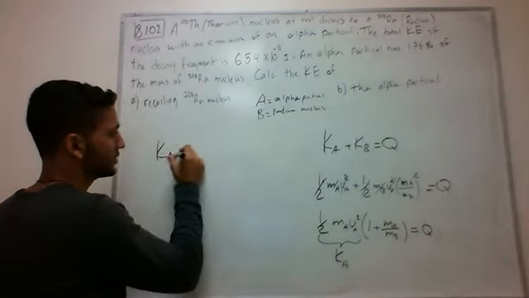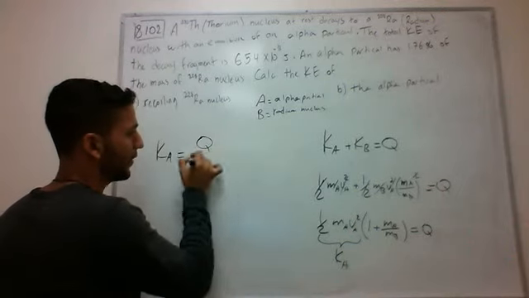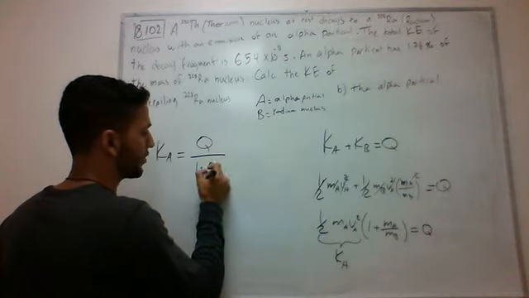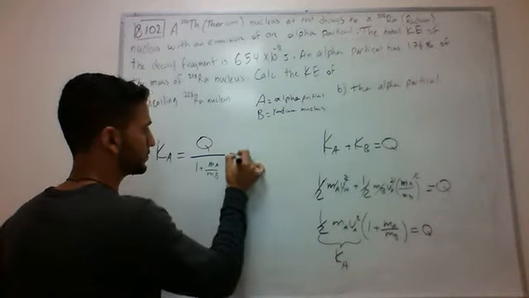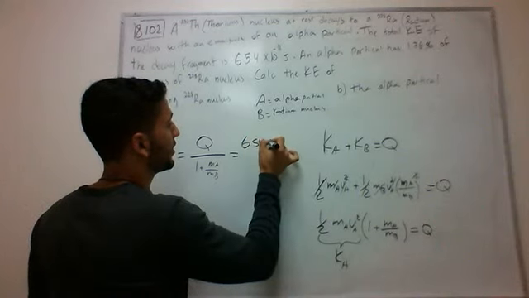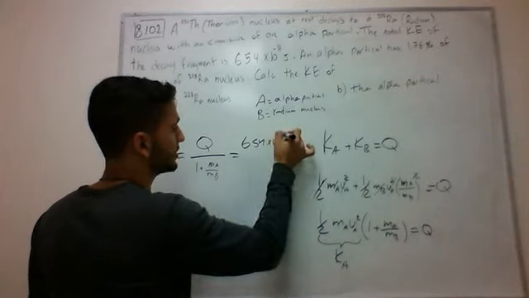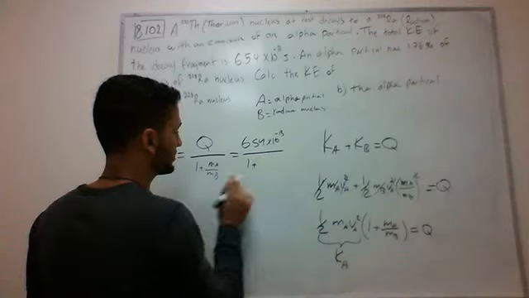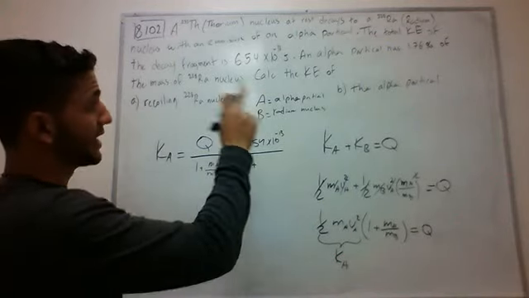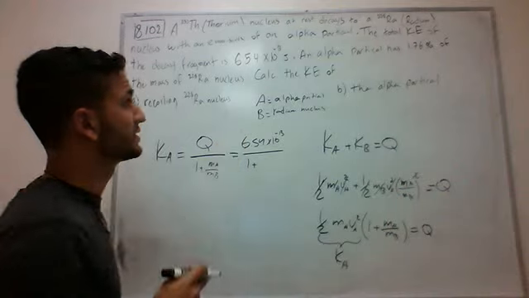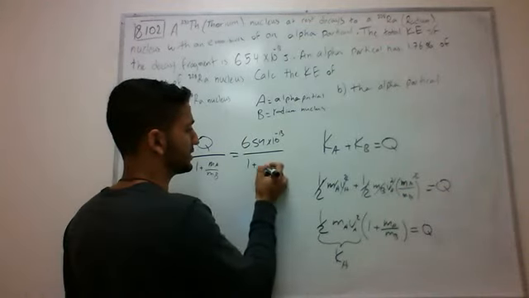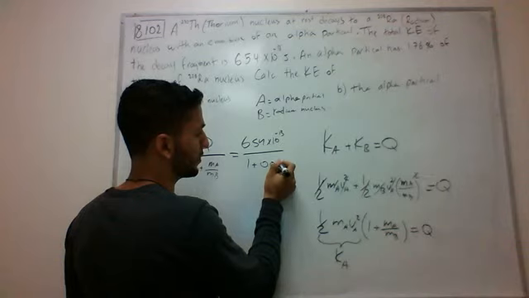So Ka equals Q over 1 plus Ma over Mb. So we have the Q as 6.54 times 10 to the negative 13 over 1 plus Ma over Mb. As the question said, the alpha particle has 1.76% of the mass of the nucleus. So this is the percentage. We're going to change it to decimal, 0.0176.